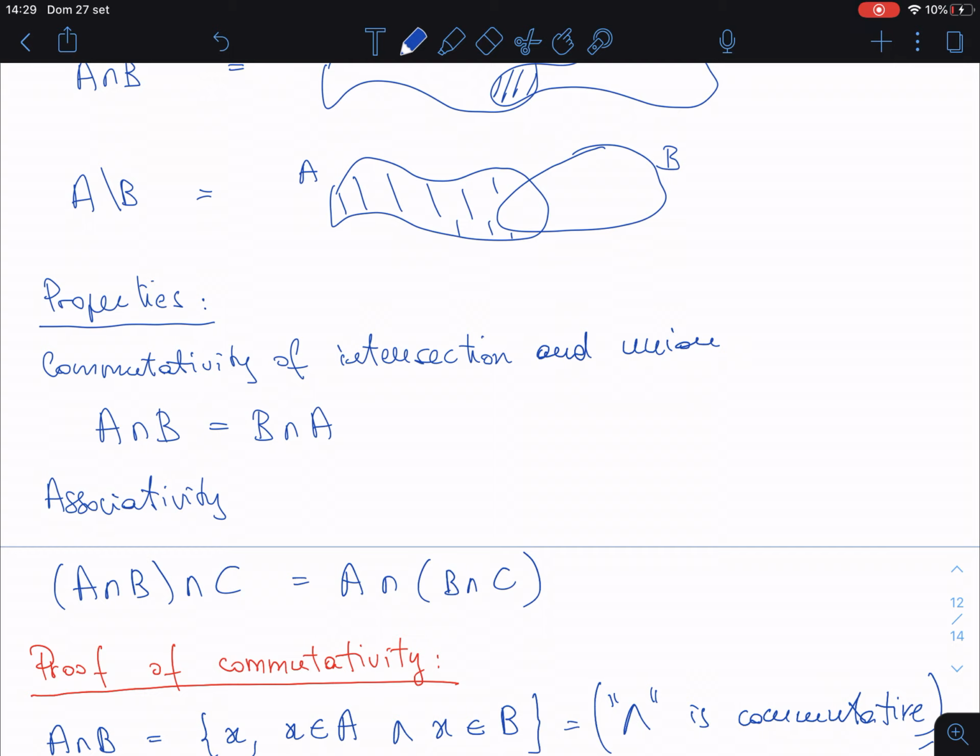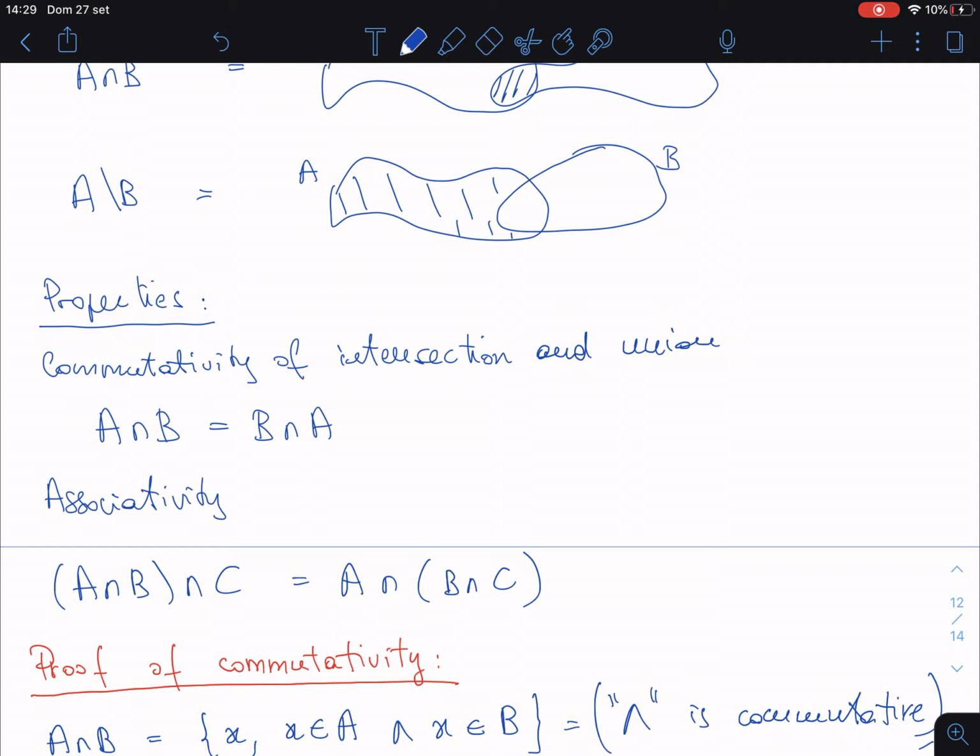This is very simply understood because the definition of intersection relies on the logical connective AND and the definition of union relies on the logical connective OR.